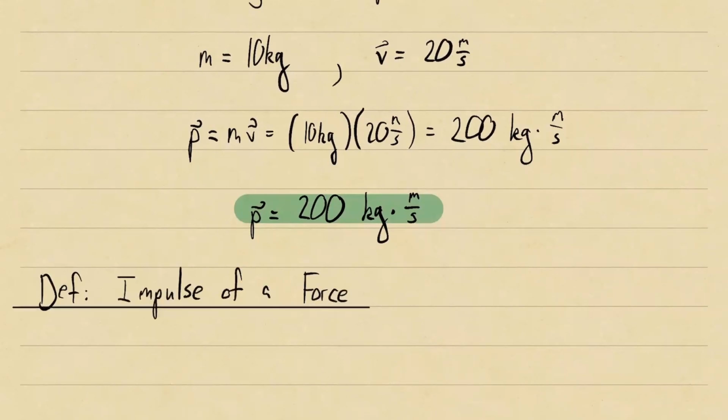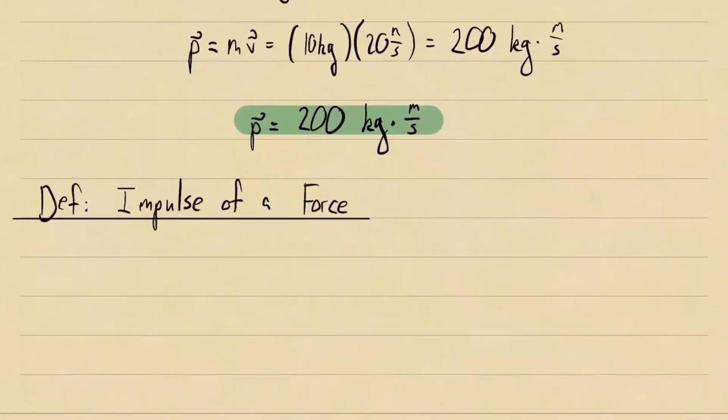Impulses are always associated with a force, and we define the impulse as a vector J. It's going to be equal to the average force acting on an object multiplied by the time that that force is acting on that object.